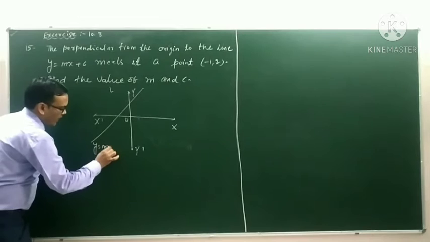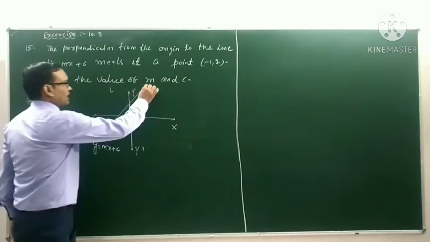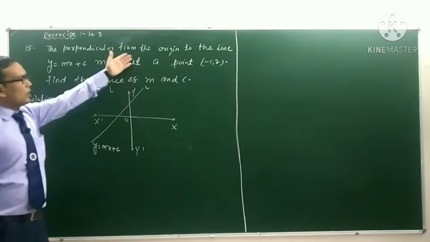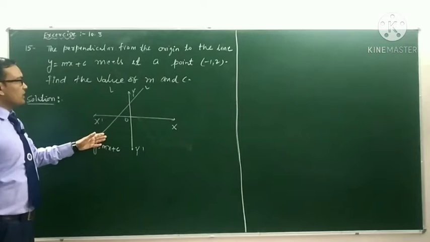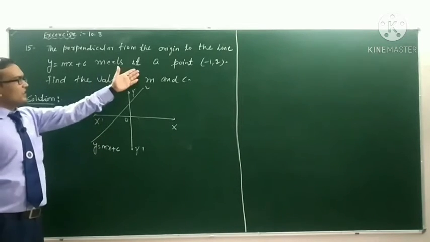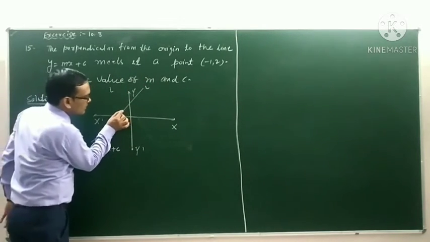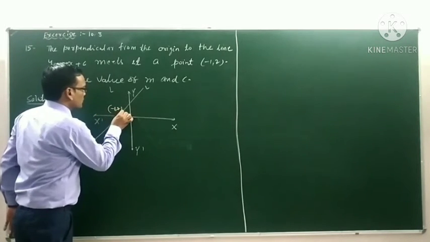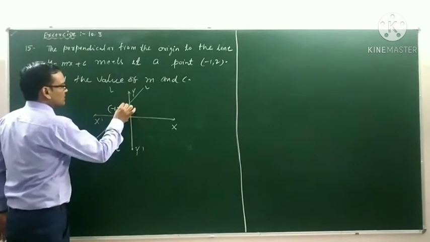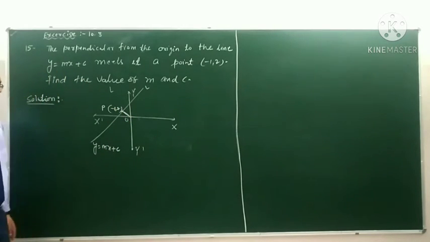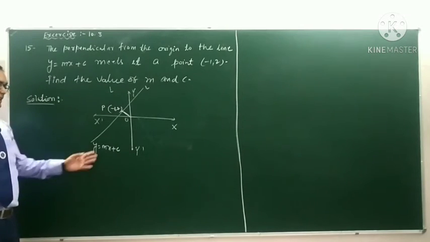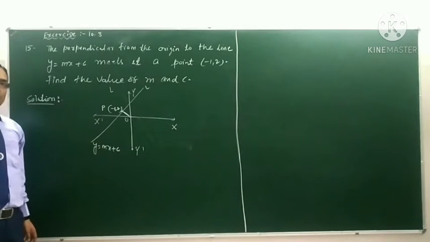Y equal to mx plus c is the equation of the line L. We draw a perpendicular from the origin to the line y equal to mx plus c, meeting it at the point (-1, 2). Suppose that this is a point P. Find the value of m and c.